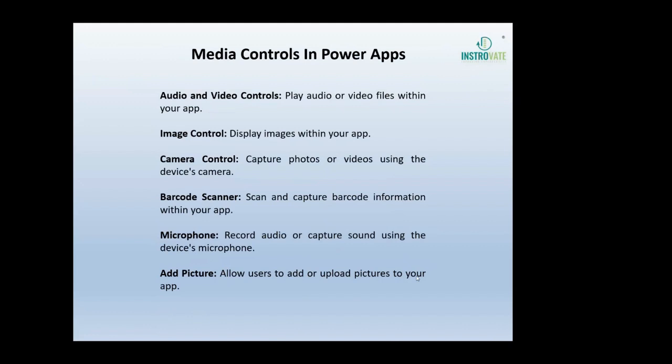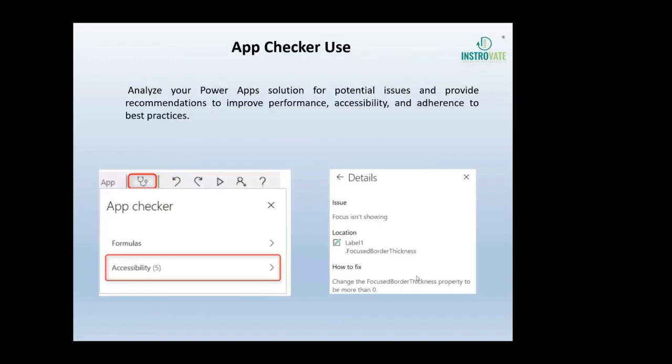Okay, so let's move forward and we will see the app checker. What is the app checker used for? Basically it analyzes your Power App solution for potential issues, and it provides recommendations to improve performance, accessibility and adherence to best practice. So if you have created any canvas application and you click on the app checker, it will showcase all the warnings present in your application functionality.